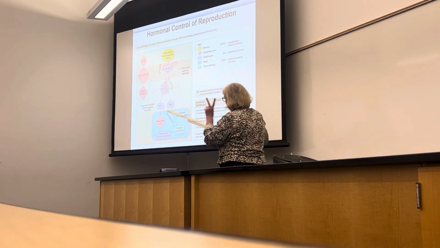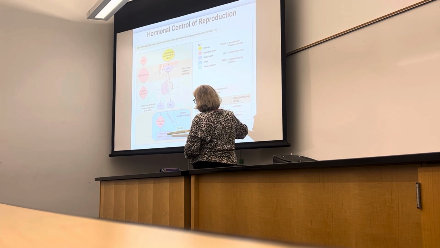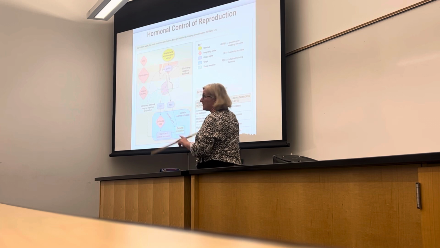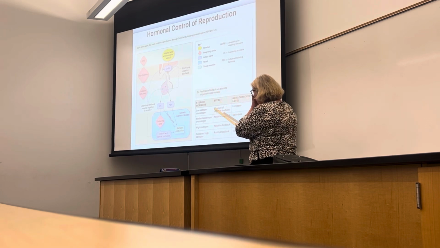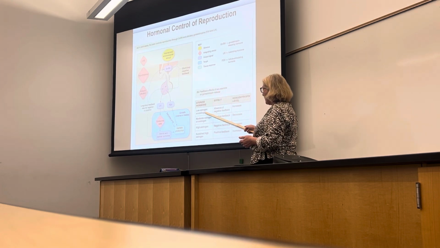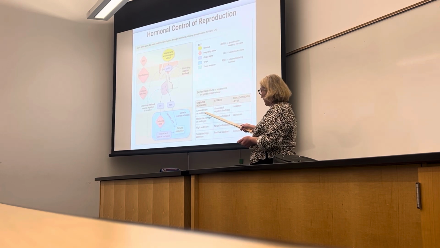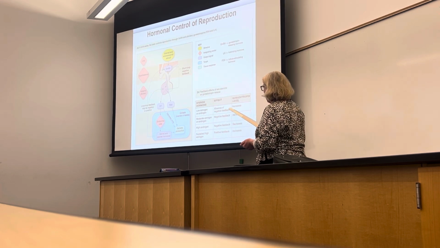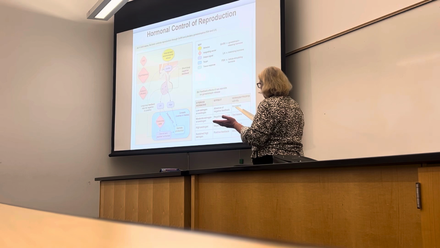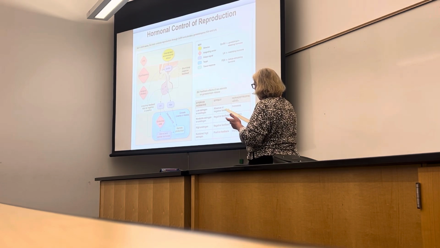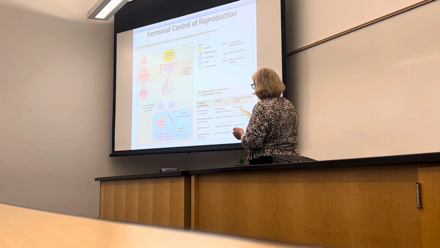But the long loop feedback, the one from the gonads, is not straightforward. Specifically, low estrogen or androgen, where androgen would be like testosterone, DHT. Low estrogen and androgen means the absence of negative feedback, and the gonadotropin will increase.